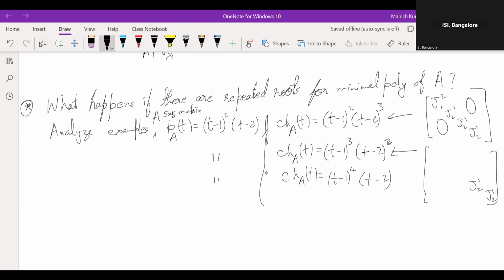We will have to get a 5 by 5 matrix. So how will the J1 blocks look? Can it be J13? Let's think about that.